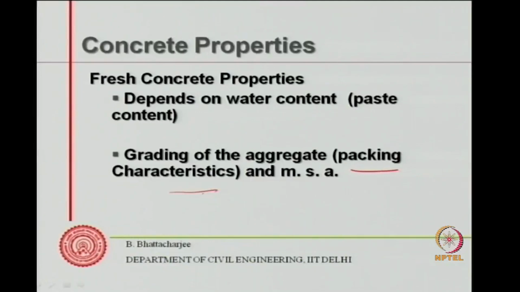That's what we have seen while discussing aggregate. Therefore, grading of aggregate is an important issue. Grading means proportion corresponding to each size.